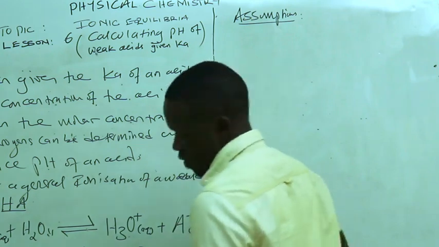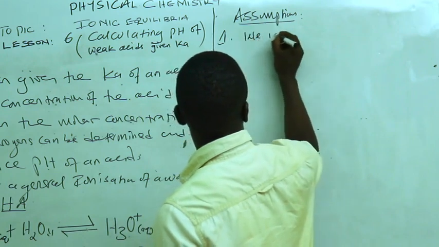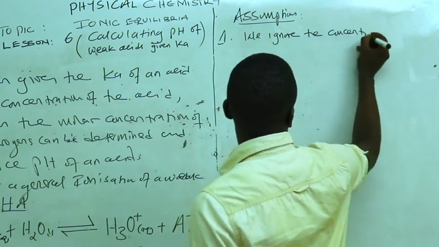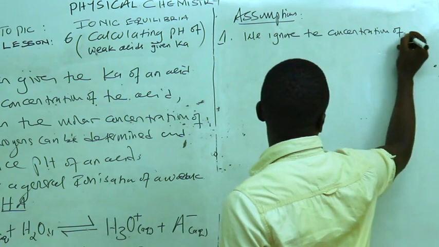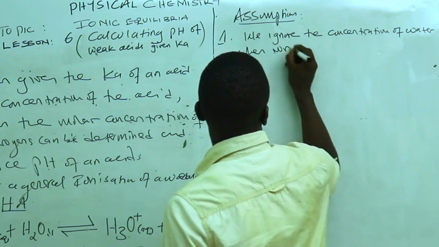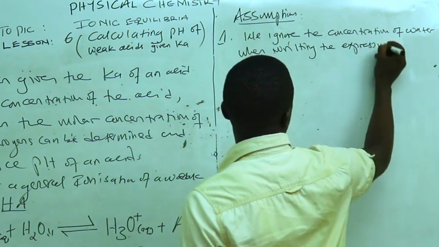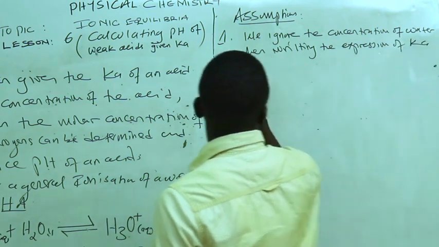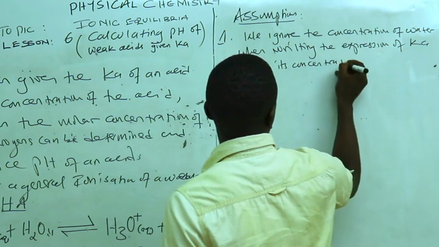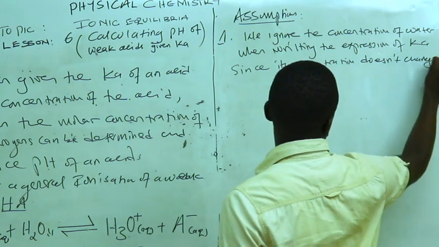So the assumptions that we take while using the Ka value. Number one, we ignore the concentration of water when writing the expression of Ka, since its concentration doesn't change or is constant.